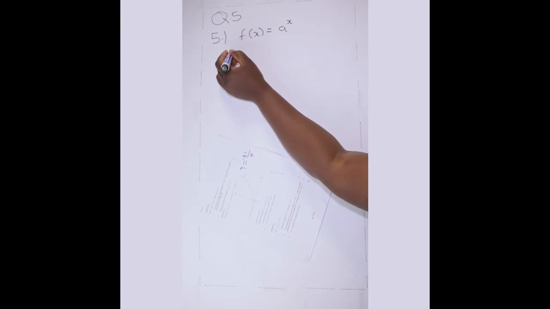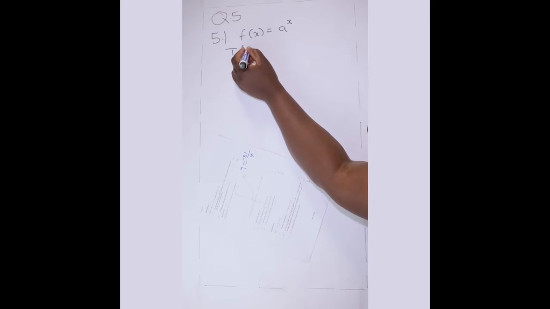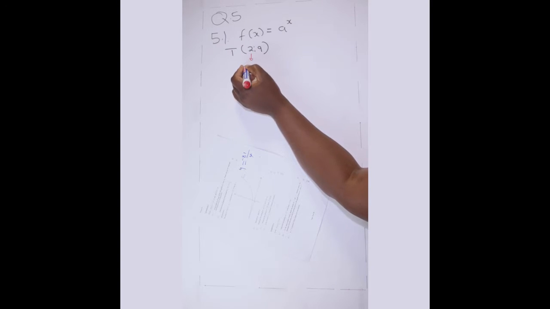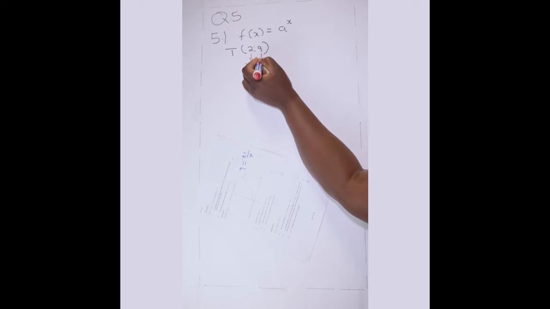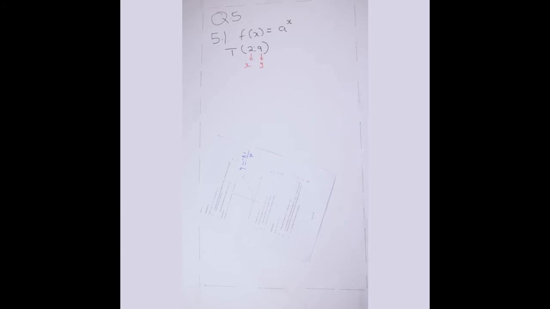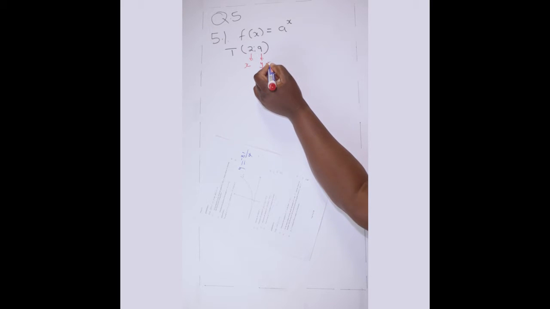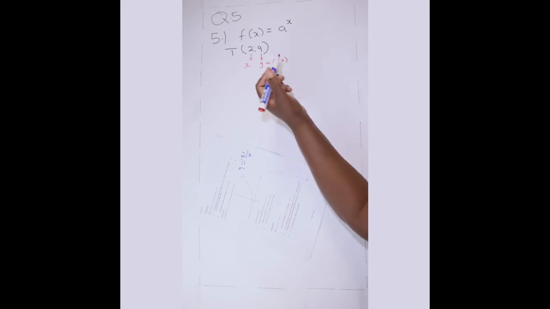Remember we are given the point T, which is (2; 9). We must substitute that. We said that 2 represents the x value and 9 represents the y value, so the y value in this case is our f(x). We substitute those two, and then we can find a.